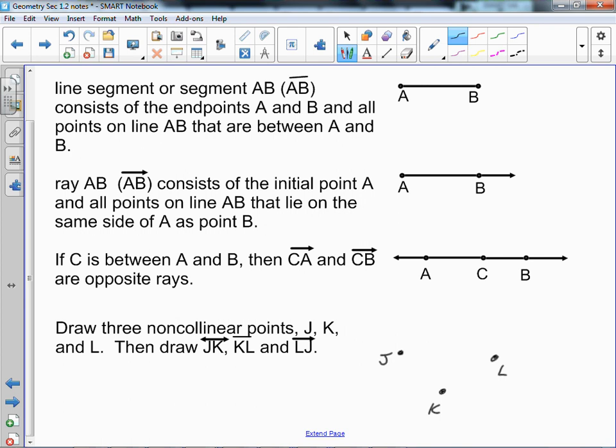So now we're drawing line JK. So through J and K, we're going to make a straight line. Arrowheads on each end because it's a line.